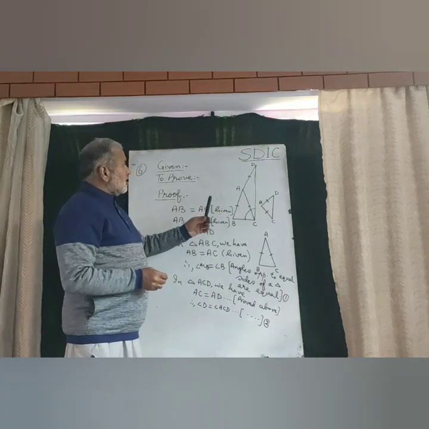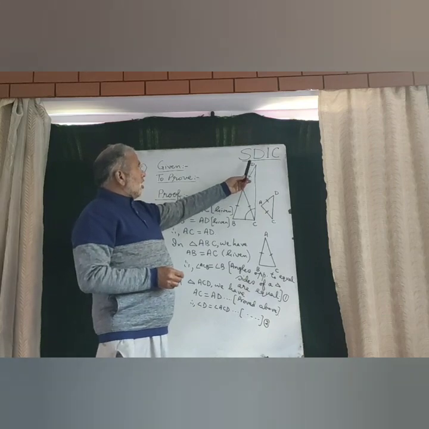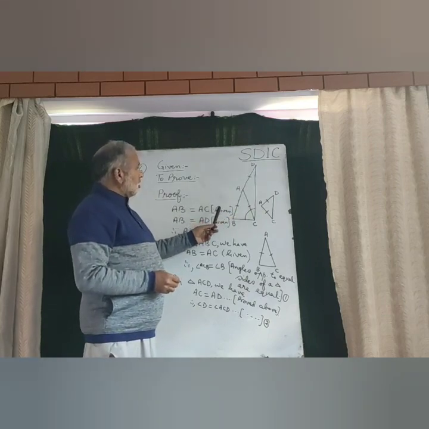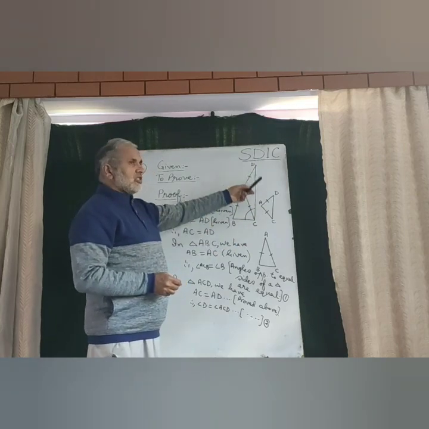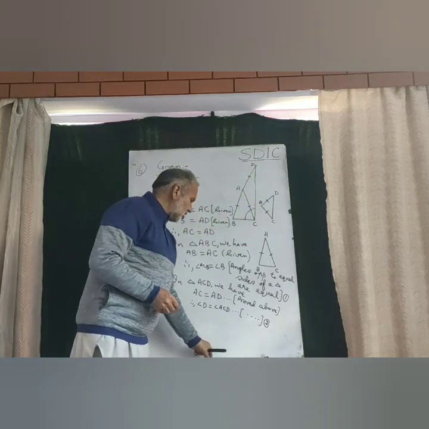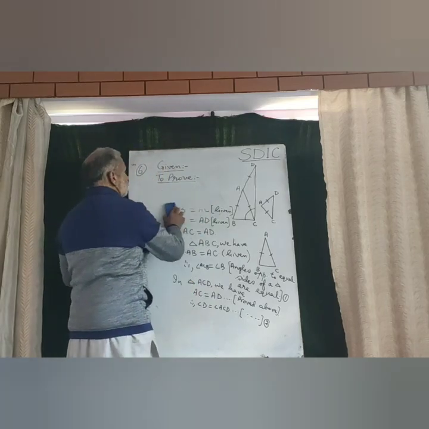Now, having proved this, we will finally apply angle sum property to the triangle BCD, the largest triangle which is in the figure. Triangle BCD, we will apply angle sum property.